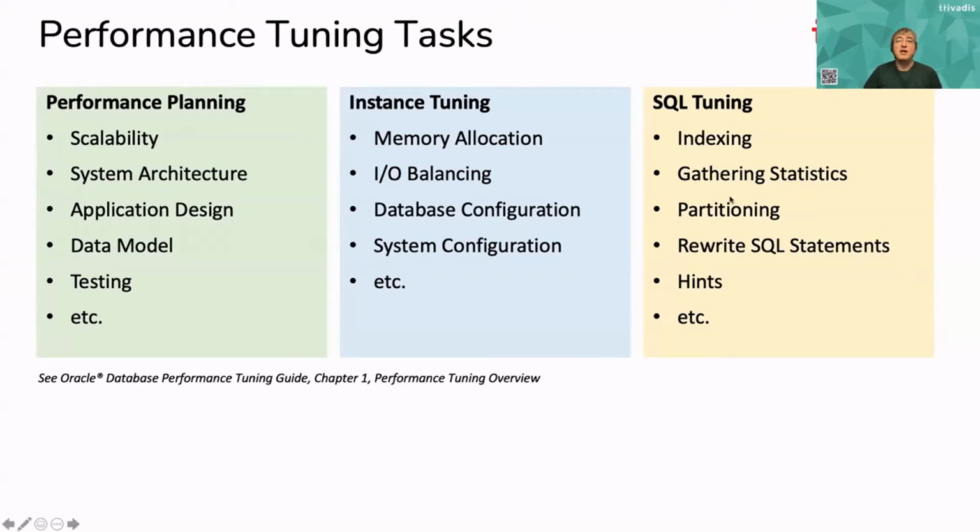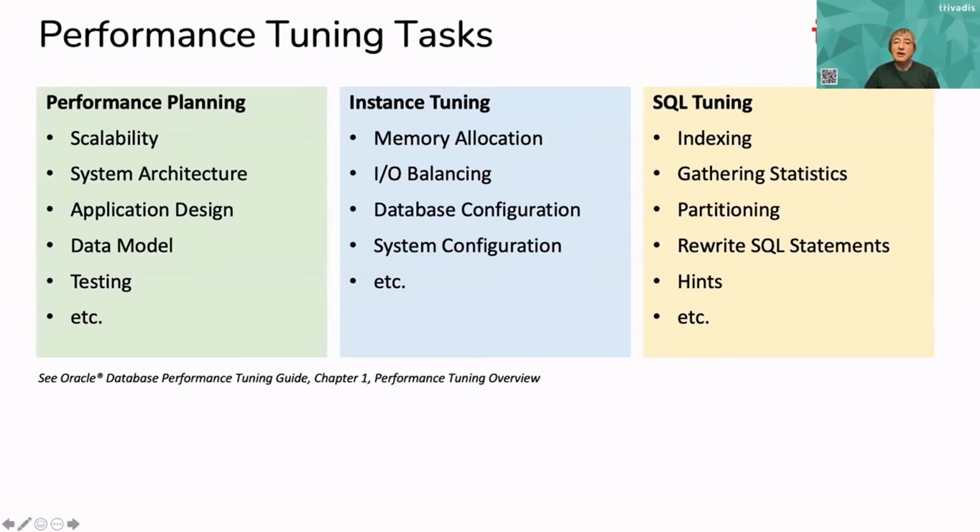And of course, SQL tuning, that you have indexes, current statistics, we can use partitioning, and so on. But what a lot of people don't think about is the first part, performance planning. That performance already starts with a good application design, with a proper data model, and all this stuff is also important.